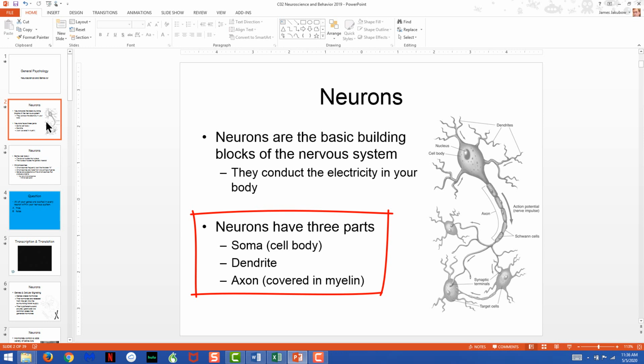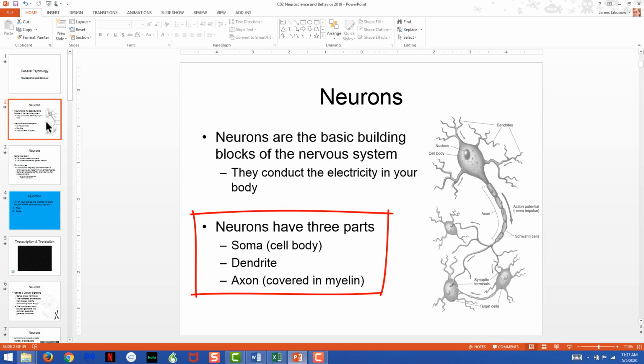What we're going to focus on are these three universal components of neurons that exist in every one of the cells in any location of your nervous system: brain, spinal cord, arm, leg, heart, anywhere. Every one of the neurons has each one of these three components.